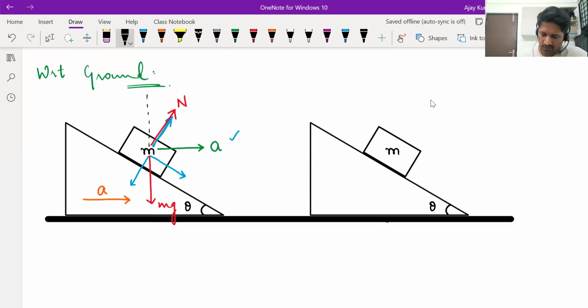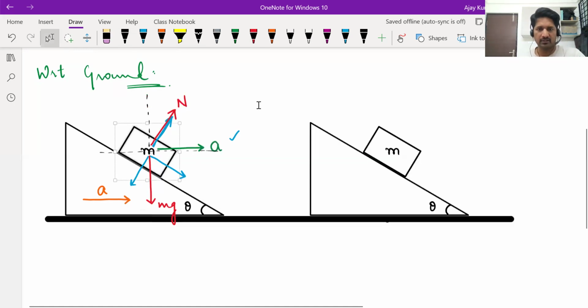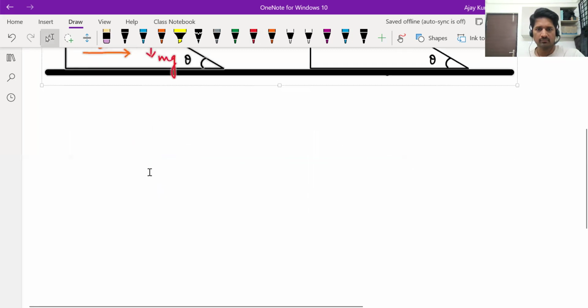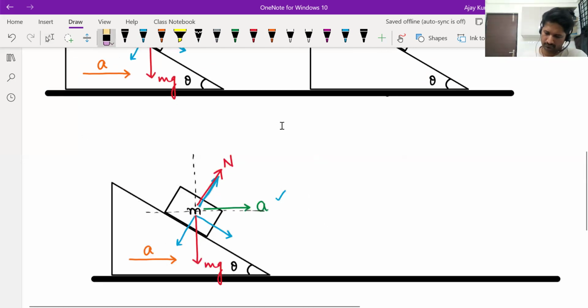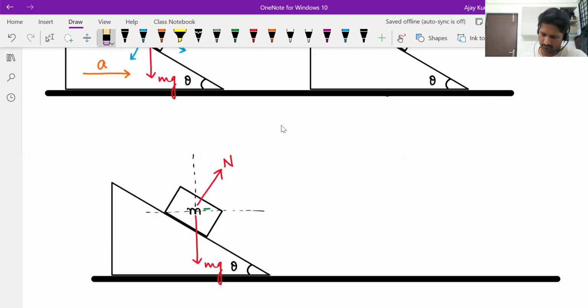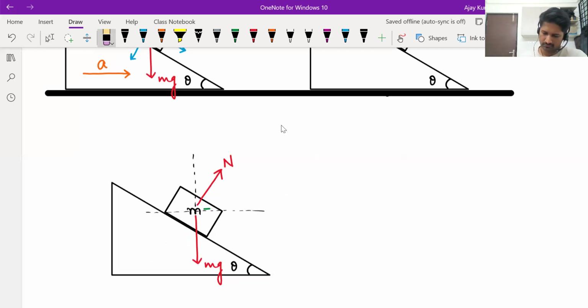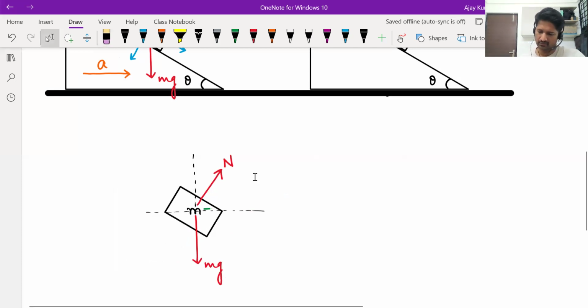And the only force acting horizontally will be the normal's component to the right. Okay, I'll draw the free body diagram separately. Right. These are the only forces acting on the block.